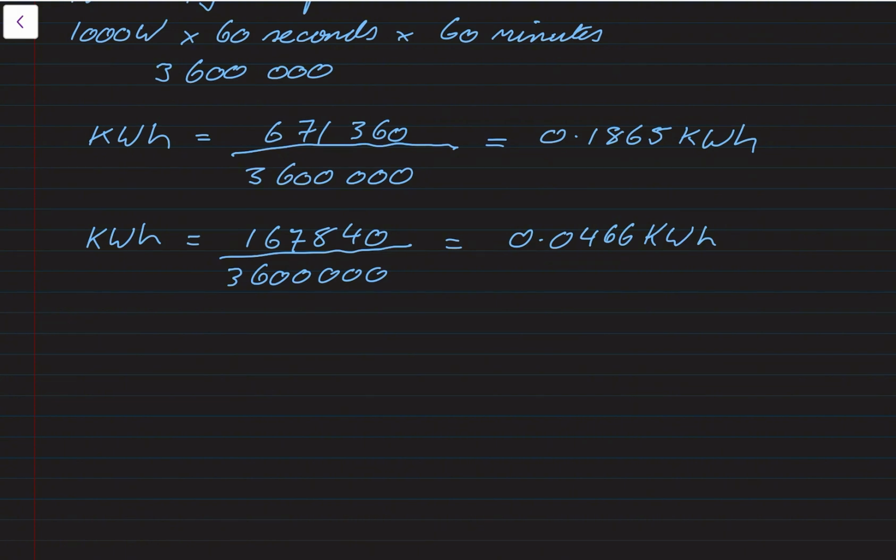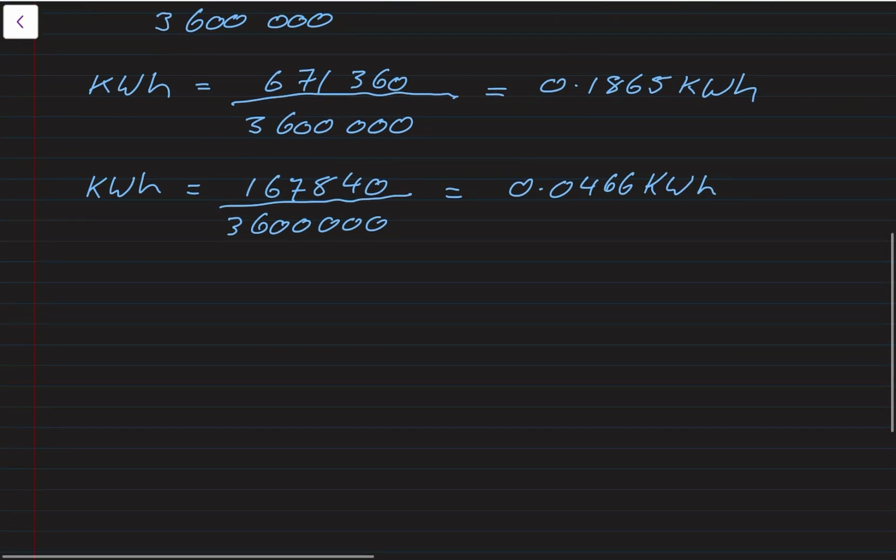Now, to work out what this would actually cost you, say to boil that jug, the difference between having 2 litres in there and 0.5 of a litre in there, you need to know what you're being charged per kilowatt hour. Say on average we get charged 35 cents per kilowatt hour.